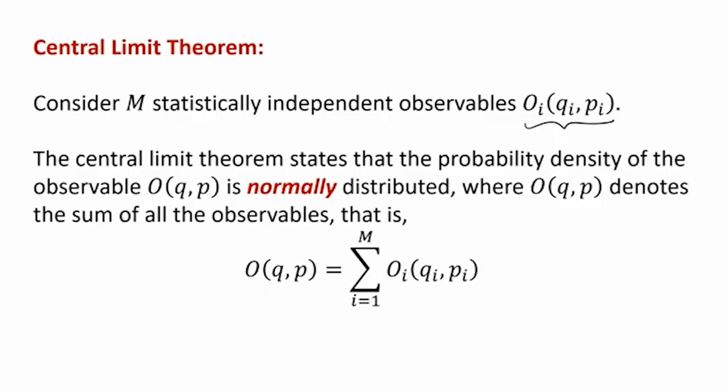So, how is O(q,p), which is the observable, defined? It is defined as the sum of all the observables, where i denotes the index for the observable. So, this O(q,p) is actually the sum from i equal to 1 to m of O i (q i, p i).